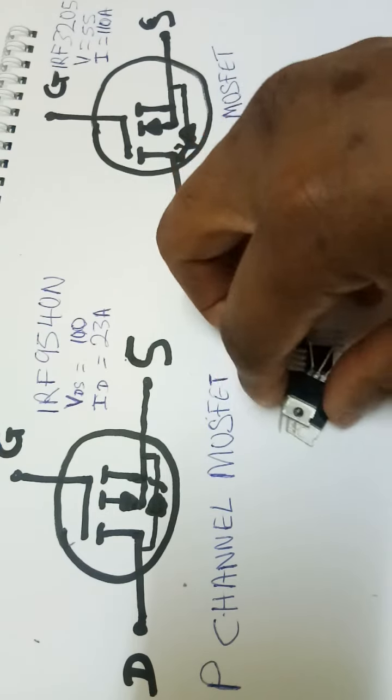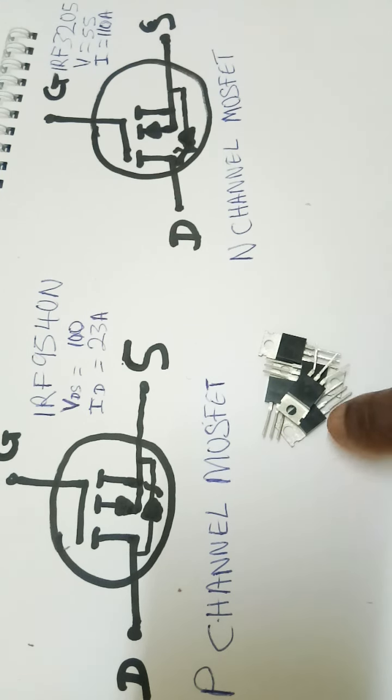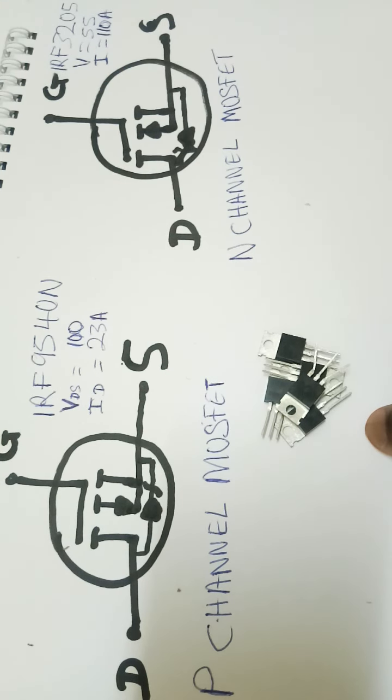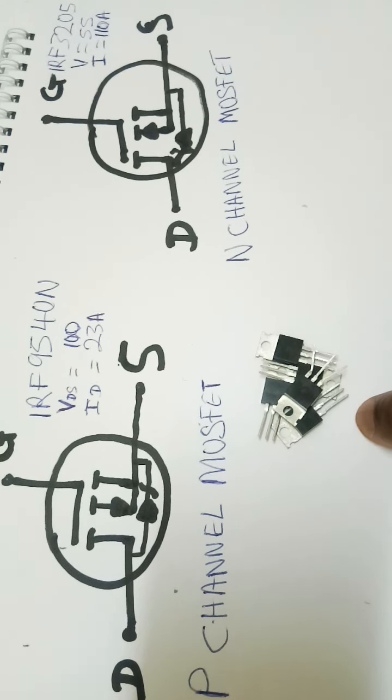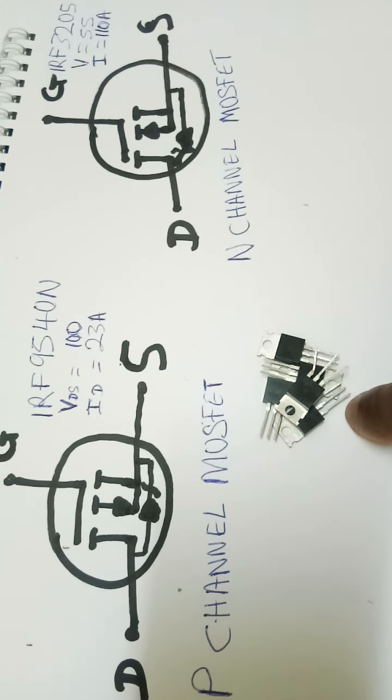This is a bunch of MOSFETs. How do you know if this MOSFET is a P channel or N channel MOSFET? We are going to find out how to identify a P channel and an N channel MOSFET.